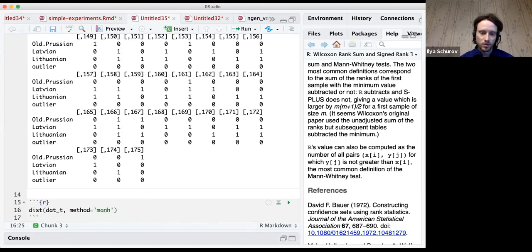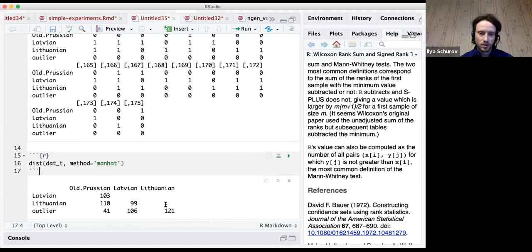Okay, we can use Manhattan just to see what happens. Here in the Manhattan metric, you see that everything is an integer, again, because our initial values are integers. And we just have some summation here.